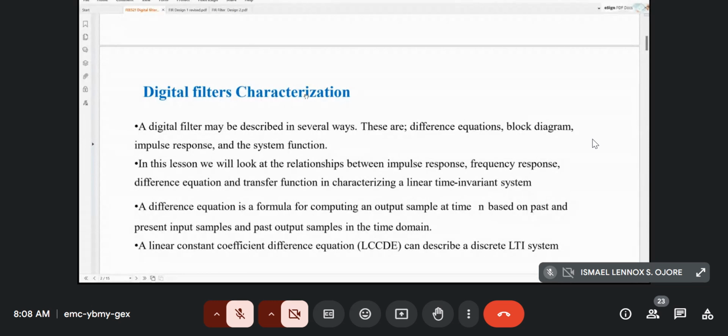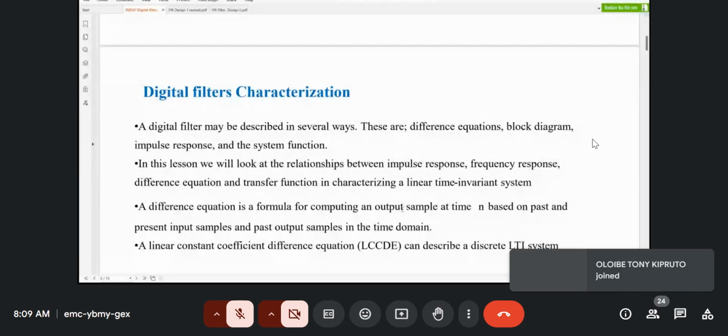So we said that a filter is an LTI system, of course. So it can be characterized by the impulse response, the system function, and now we have seen also by difference equations. So in this lesson, we are going to look at these relationships. I think we started looking at that yesterday.